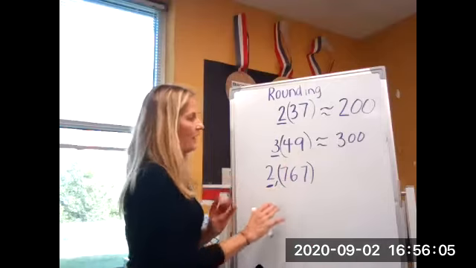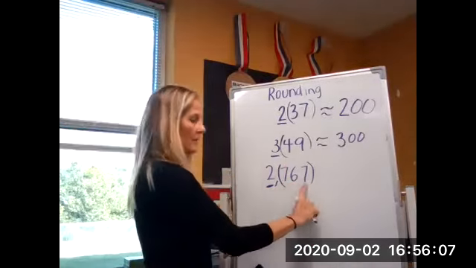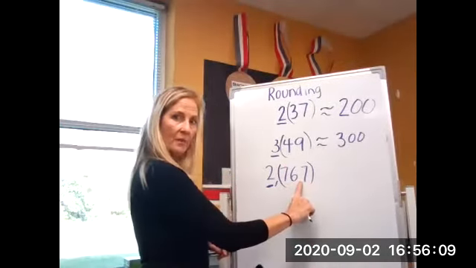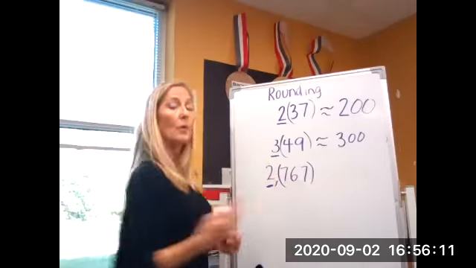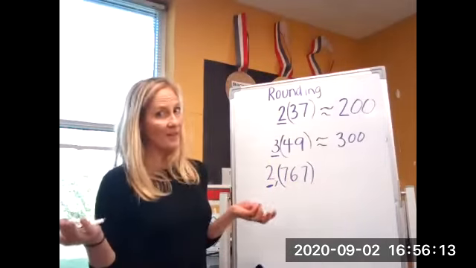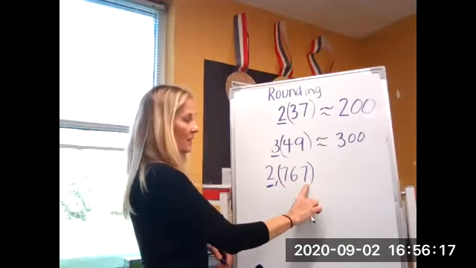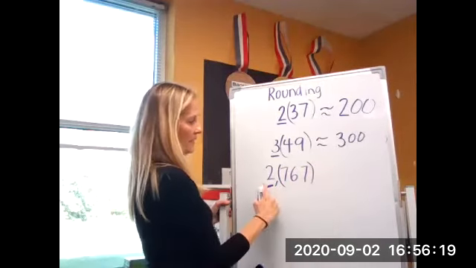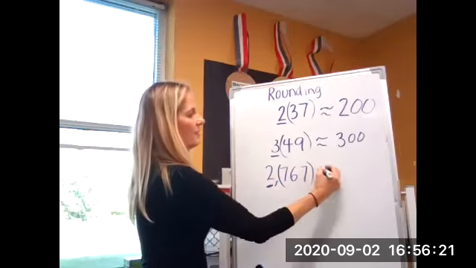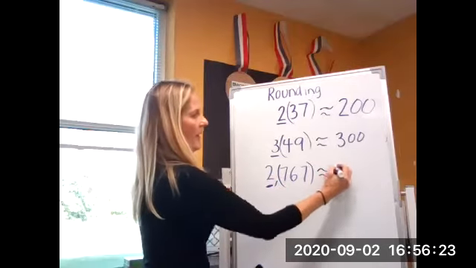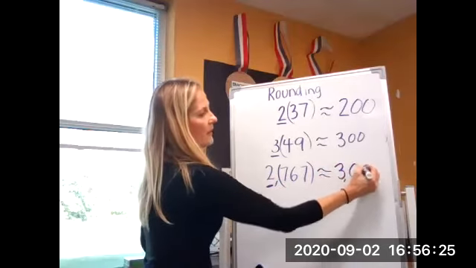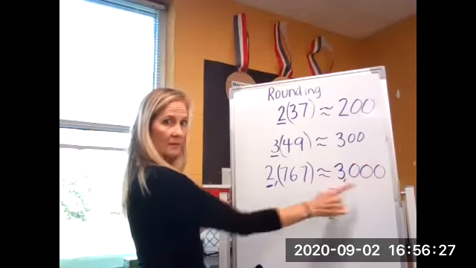So I definitely have 2,000, but is the rest of the amount in this number halfway to another group of 1,000? What would halfway be? 500. I have more than 500, so that means that I can say 2,767 is around or is estimated at being 3,000 or close to 3,000.